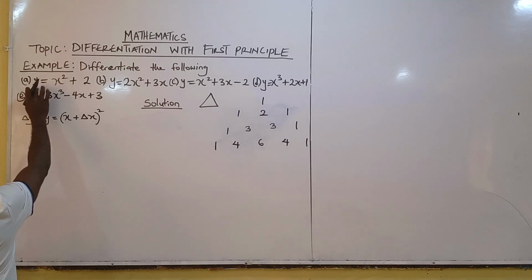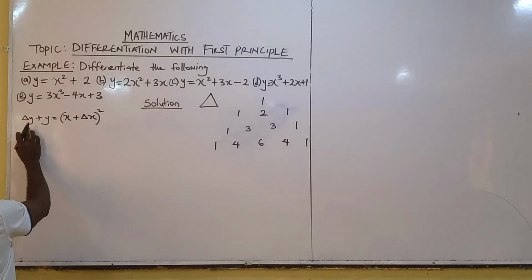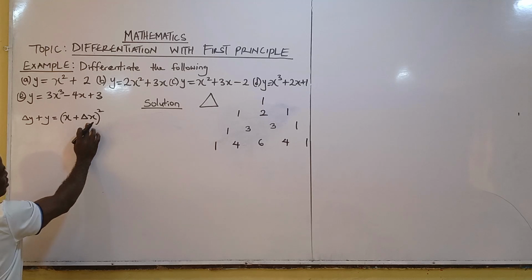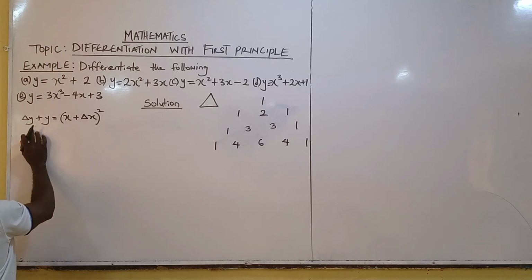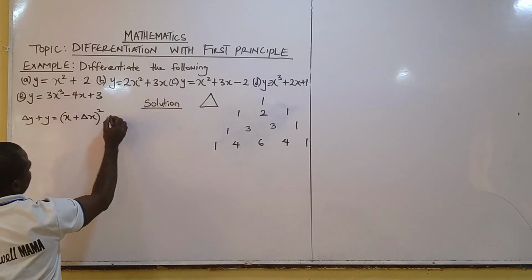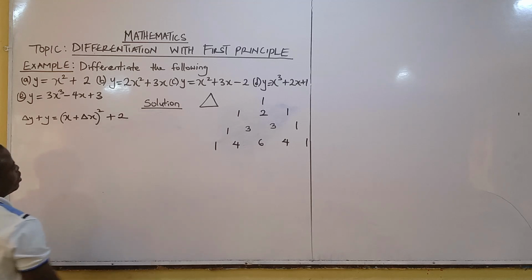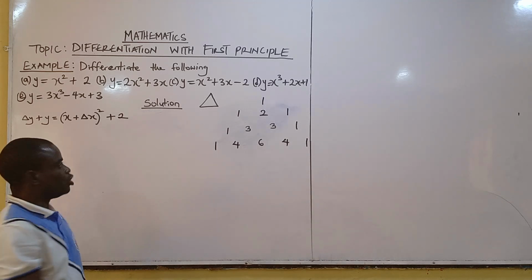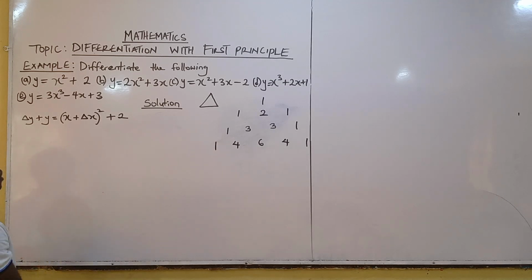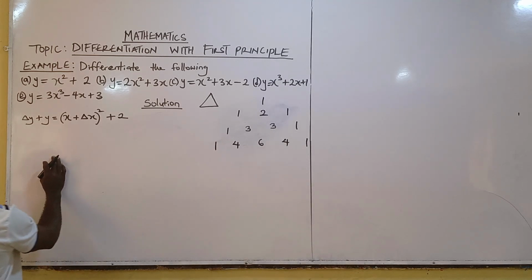You see, you have y here already, so introduce delta y. And you also have x here, so introduce delta x. As y is changing, x is also changing. Now a constant will not have that change, because it's a constant. Don't introduce change to the constant.